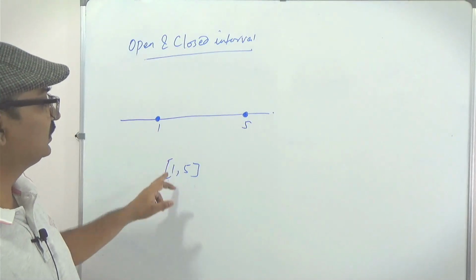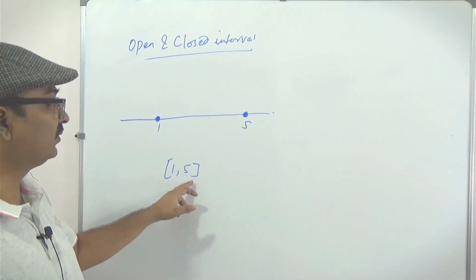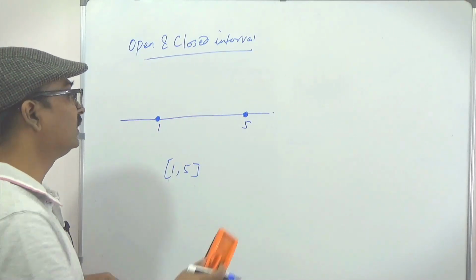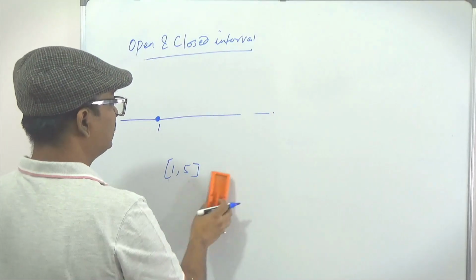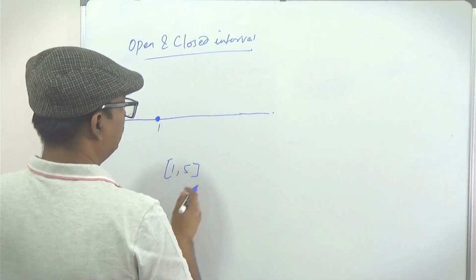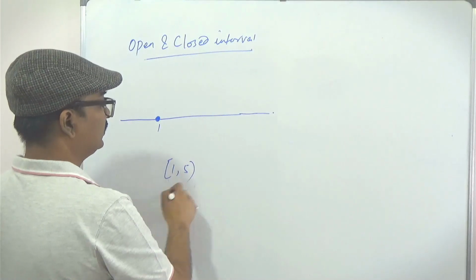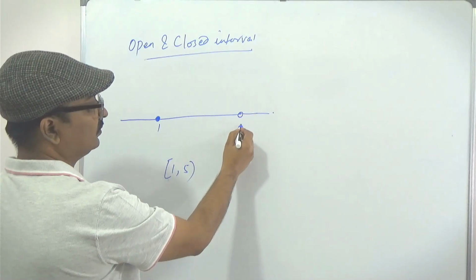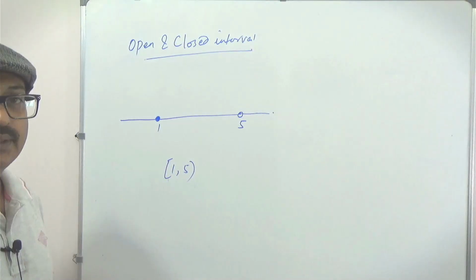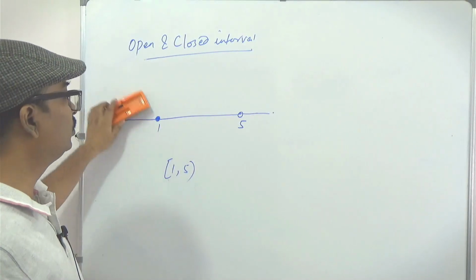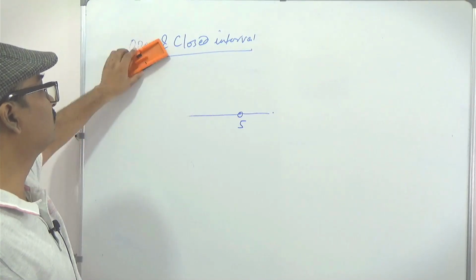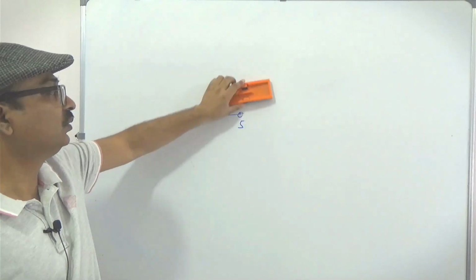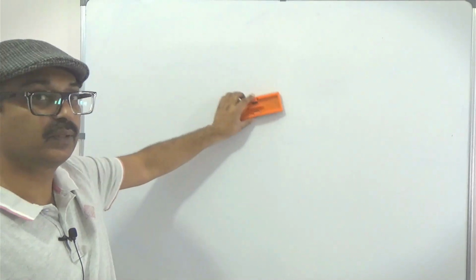So this means closed 1 and 5, that is both numbers are included. We can have combinations also, with an open circle on one end and a shaded dot on the other. This is something that you should know. It's given in your book also. We'll be using it very frequently.